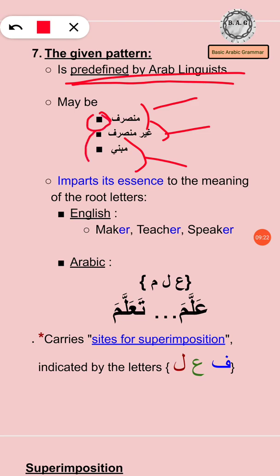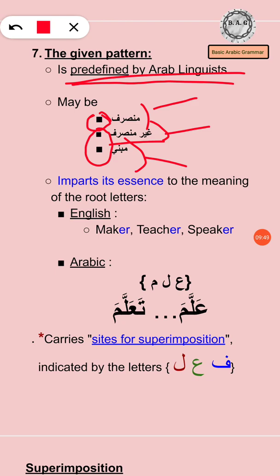Ghair munsarif and mabni do not carry any tanween. In munsarif asma, the rafa, nasab, and jar forms are different from each other, while in mabni asma, all the forms are similar. And in ghair munsarif asma, the rafa form is different from nasab and jar, but nasab and jar forms are similar to each other. This is the briefest summary that I can come up with.